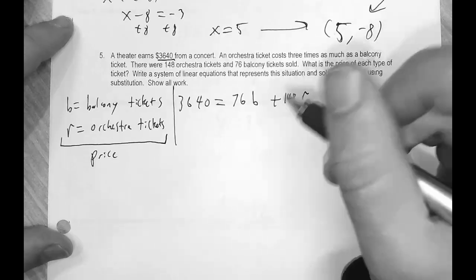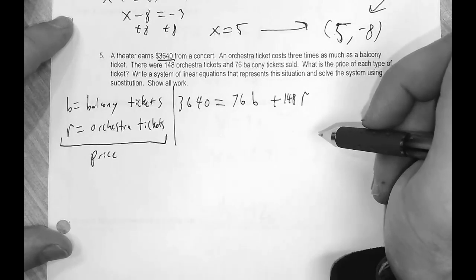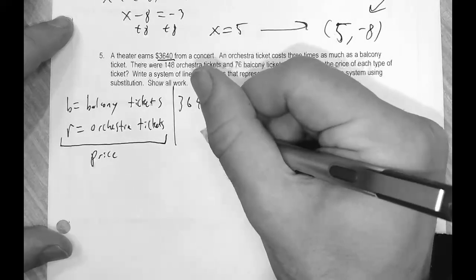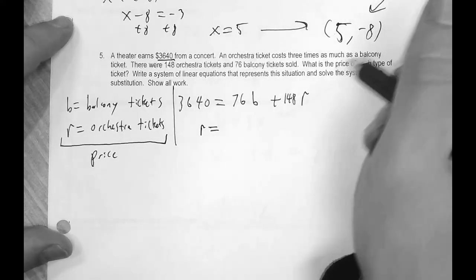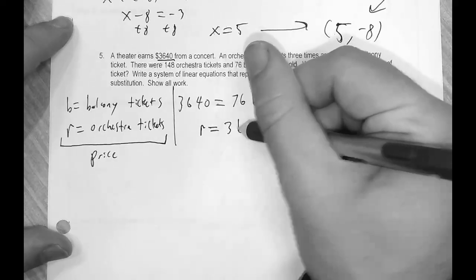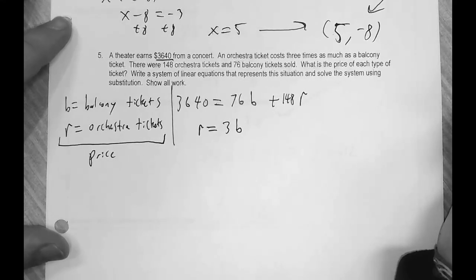And I know down here that the orchestra ticket, the R, is 3 times as much as the balcony ticket, so R equals 3B. Okay?